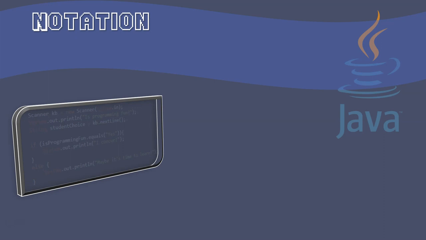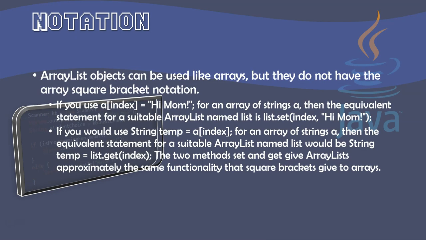Now, let's look at the notation a little bit more here. ArrayList objects can be used like arrays, but they don't have that square bracket notation, as we already talked about. So no square brackets. If you tried, for example, to use a[index] = "hi mom" for an array of strings, then the equivalent for a suitable array list is list.set(index, "hi mom").